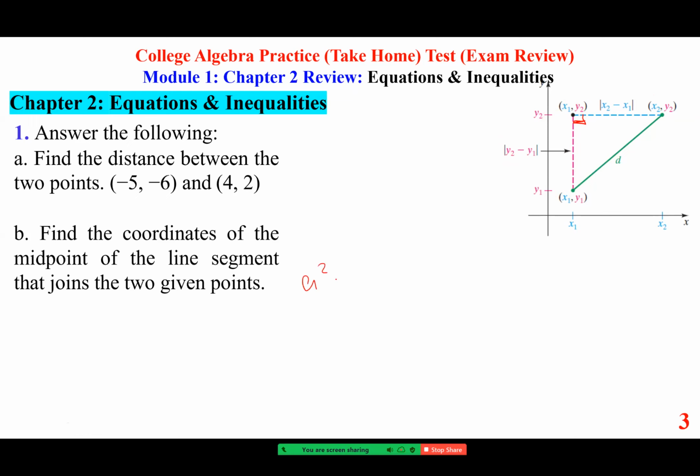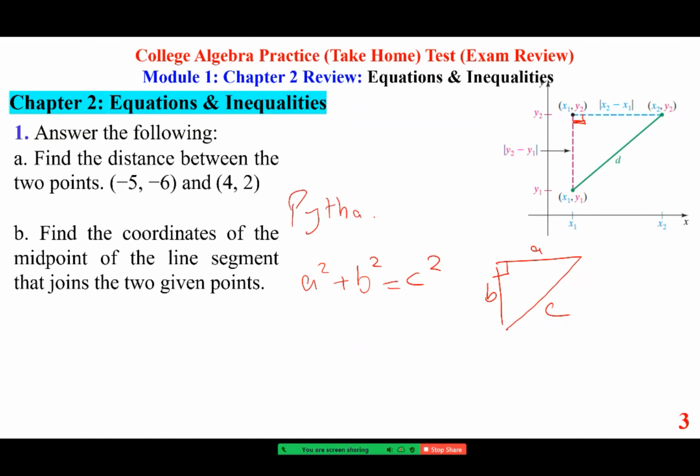a squared plus b squared equals c squared, known as the Pythagorean theorem.